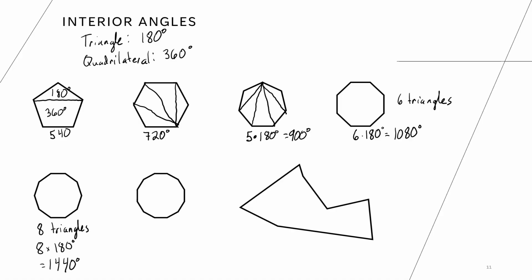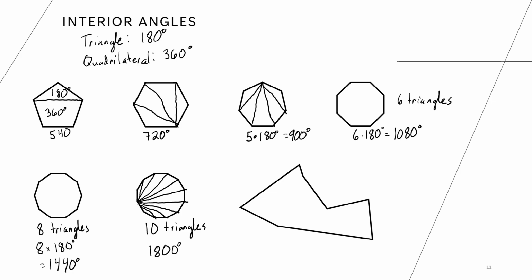And then for a dodecagon, it should end up with 10 triangles. Let's go ahead and build those real quick. I'll get a triangle here, a triangle here. Now notice these triangles may be a little small, but no matter the size of a triangle, it has an angle sum of 180 degrees. And so I have 1, 2, 3, 4, 5, 6, 7, 8, 9, 10 triangles. So that means its angle sum is 1800 degrees.